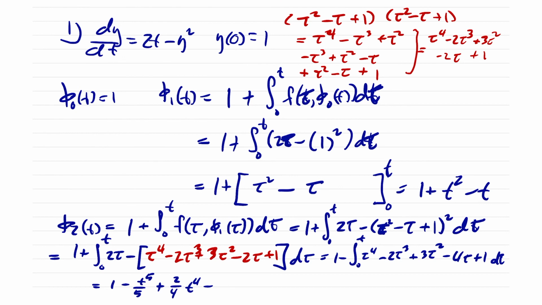Minus 3, well, actually it just becomes t cubed, and then we have minus plus 2t squared plus t. There we go. All right, and so that was that.